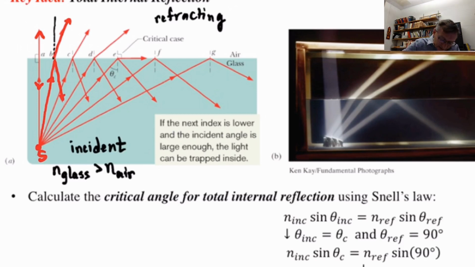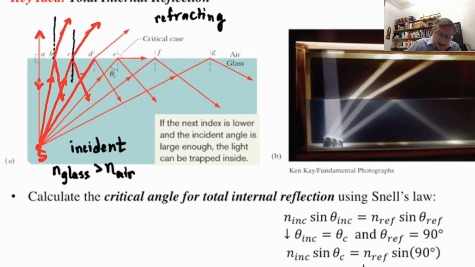That's coming at the interface at a slightly larger angle of incidence than b. Slightly larger theta 1 than in b. Some of it is reflected back into the glass, and some is refracted outward at a theta 2 larger than theta 1.